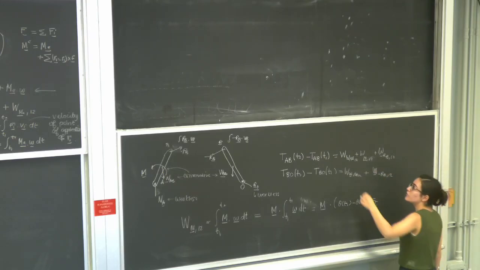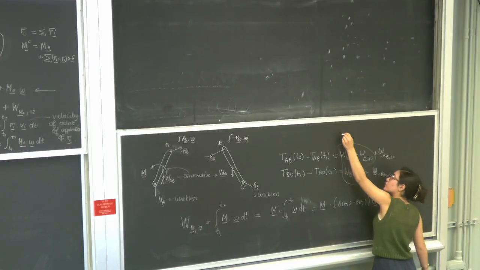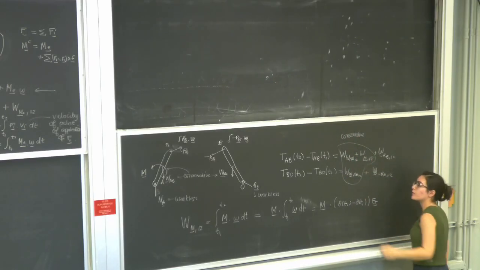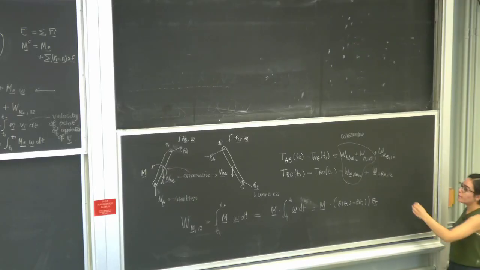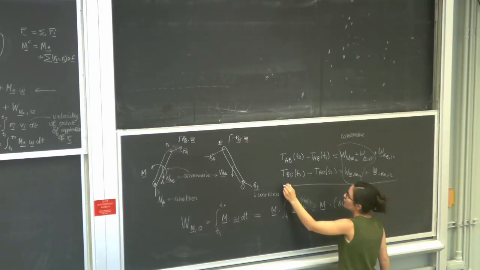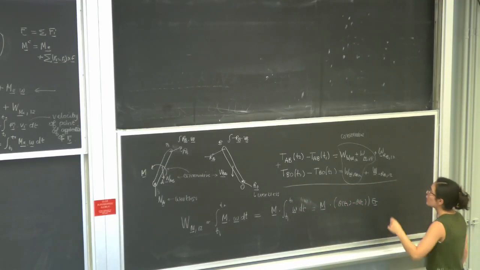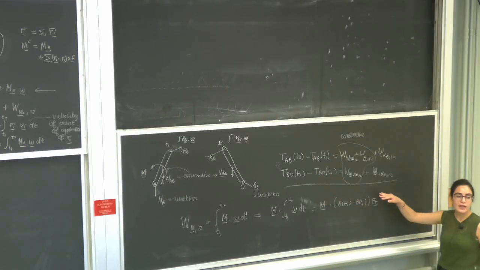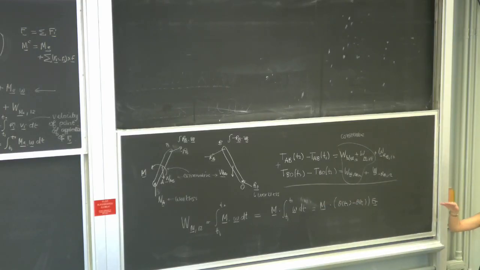These are conservative. If I sum these two equations, these two go away. So I get that the change in kinetic energy is minus the change in potential energy, so the energy is going to be conserved. For the combined system, the energy is conserved.